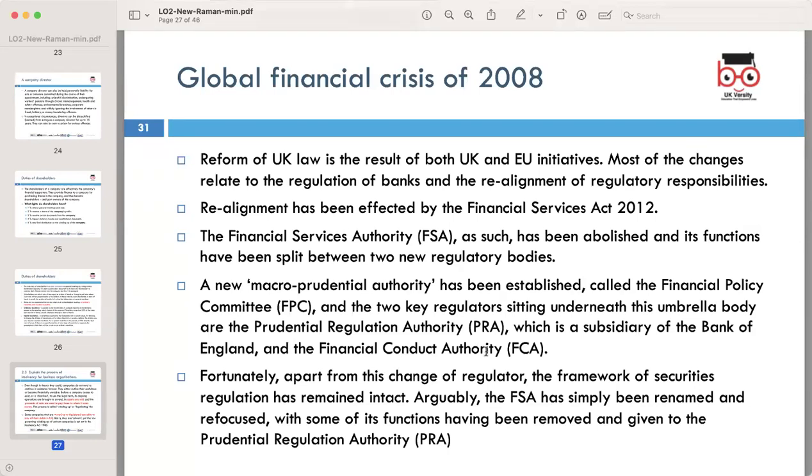So under the umbrella body, the Financial Policy Committee, while the FCA underwent a name change and refocus, the framework of securities regulation remained. The amendments highlight the resilience of the regulatory structure in response to the financial crisis.